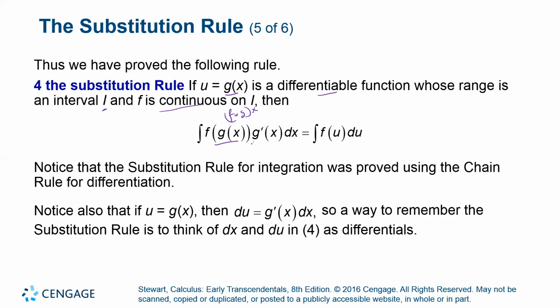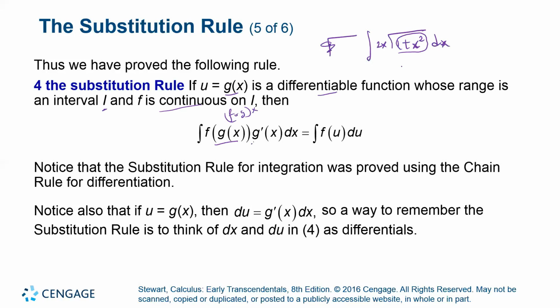In the previous example, we have the integral of 2x times the square root of 1 plus x squared dx. So when do I apply the substitution rule? I look at this integrand.